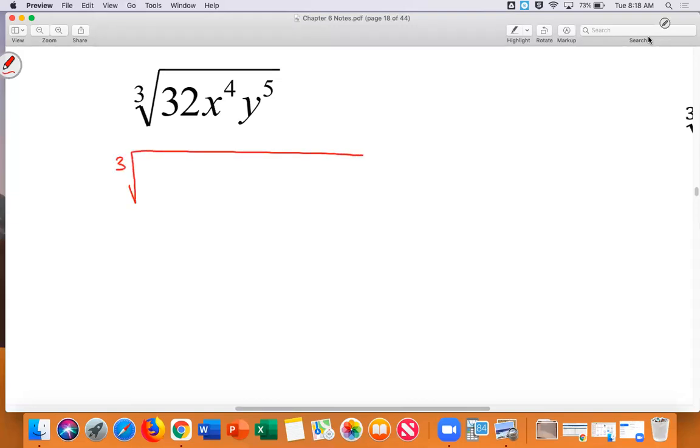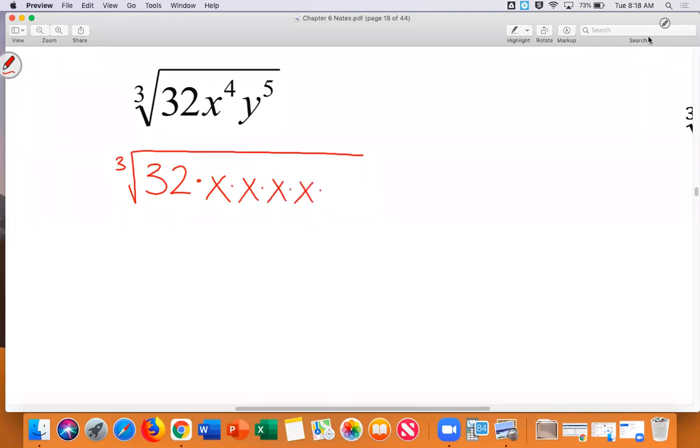I'm looking for groups of 3. Don't mess with the 32 yet. Write it out first and you'll see. 3 on the outside. How many X's do I have? 1, 2, 3, 4.